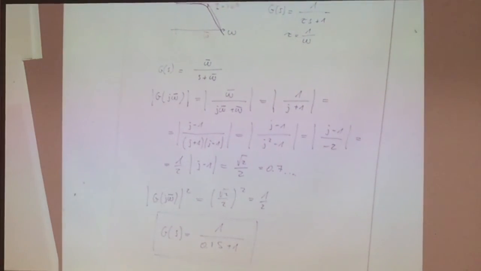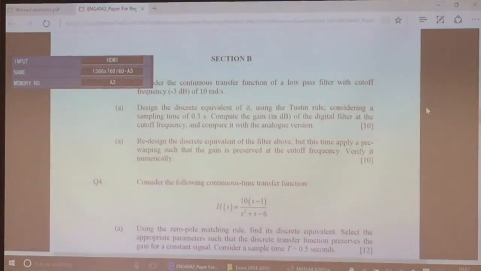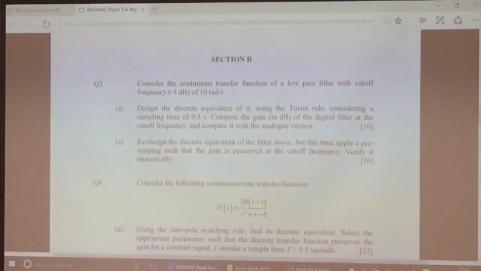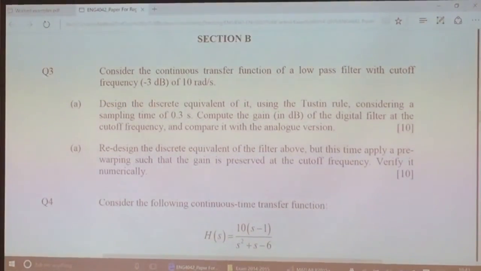Alright, so the first part of the question, A, says design the discrete equivalent of it, considering a sampling time of 0.3 seconds. Compute the gain in dB of the digital filter at cutoff frequency, as before, and compare it with the analog version.